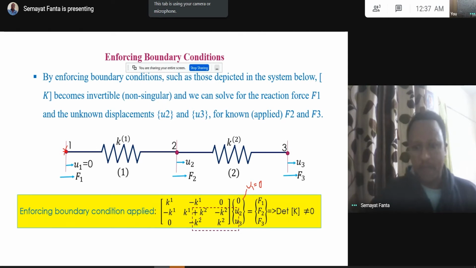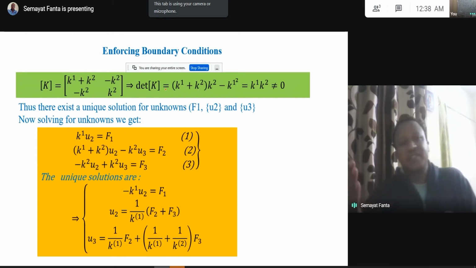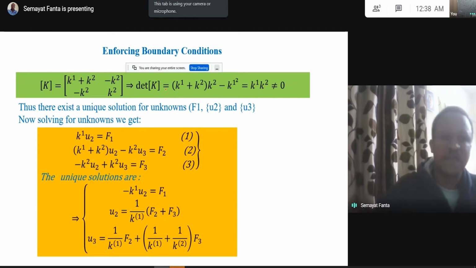Finally, taking the second part here and finding the determinant for the 2 by 2 matrix, this is the remaining matrix. The determinant of this is not equal to 0, which means we have a unique solution.